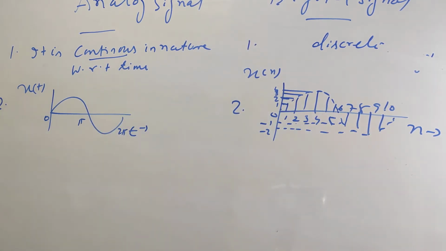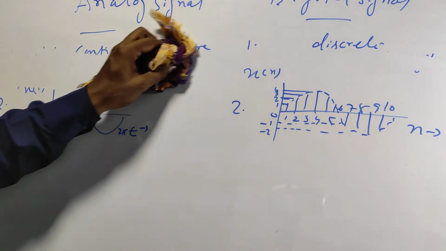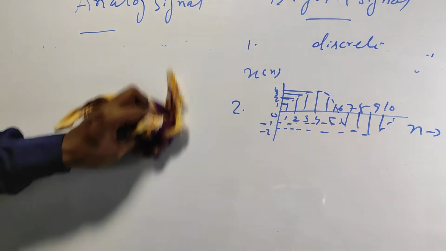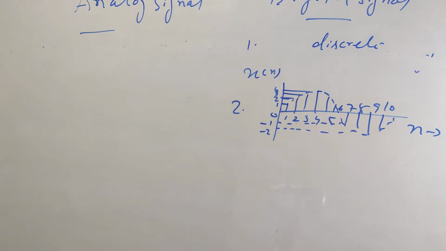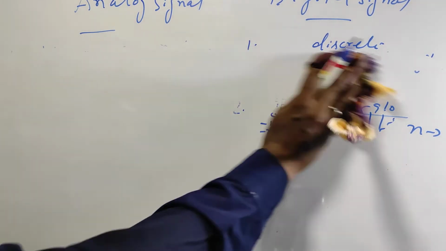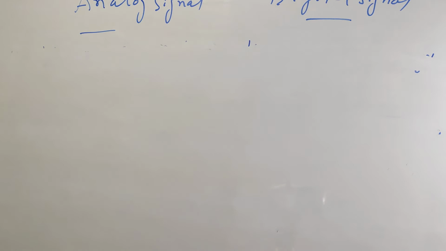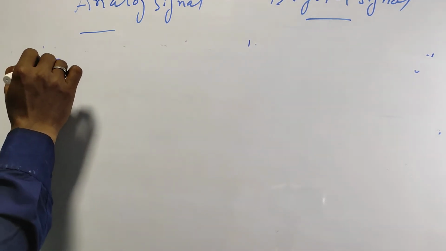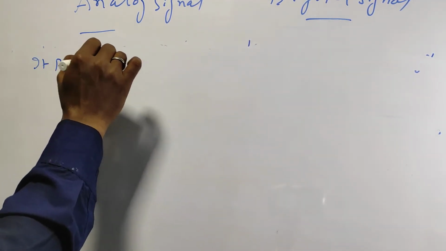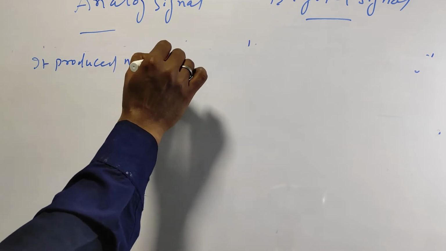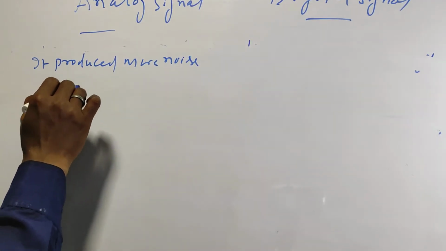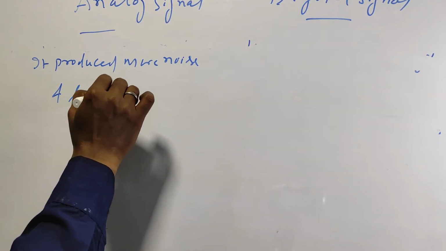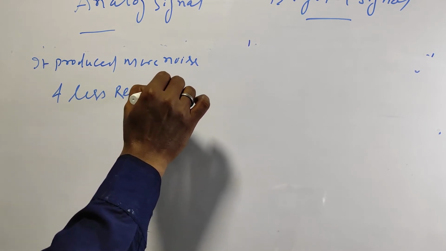An analog signal is not capable of storing the signals, and it produces more noise and less resolution. Resolution means clarity, which is very low.